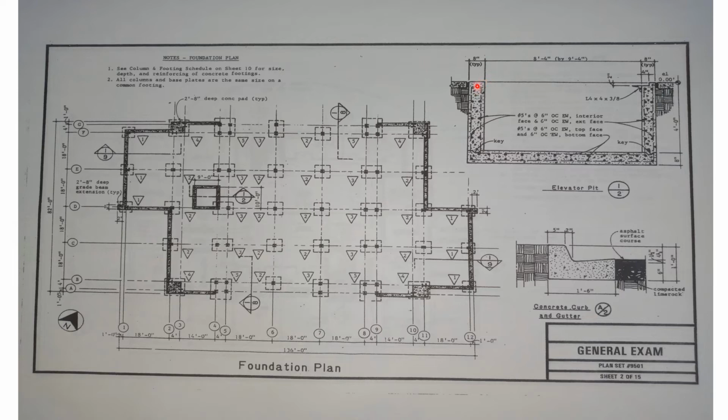So think about this wall around the elevator pit being one continuous wall. Well, how long is that one continuous wall? You should know that because you figured out how many linear feet of key that was. That should be the length, right?